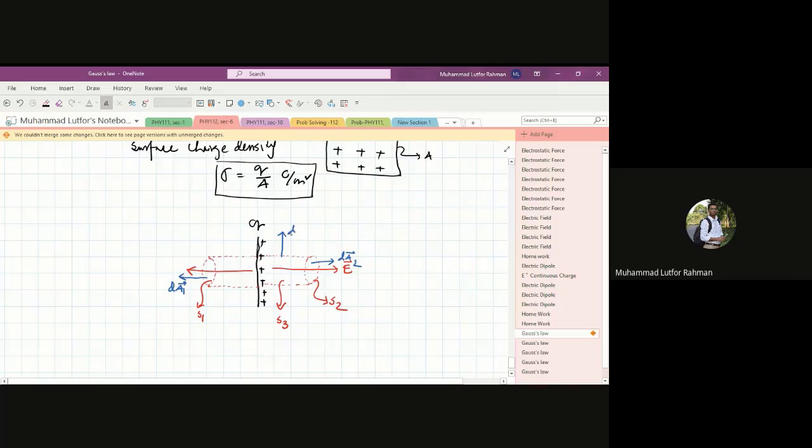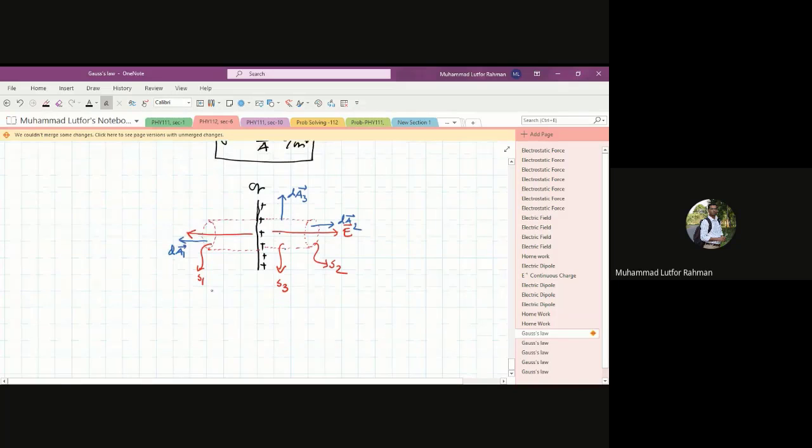At that point it would be out of the screen. At another point it would be downward. On the back side of this curved surface, it would be into the screen. So the area vector is always perpendicular to the surface. Whichever point you want to find the area for, the direction of this area will always be perpendicular to that surface.